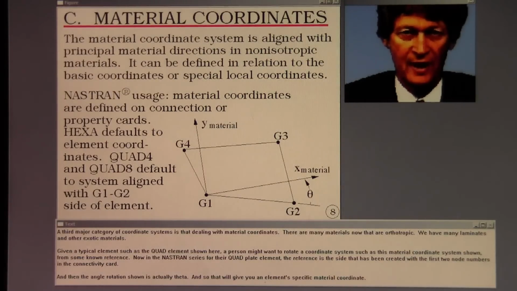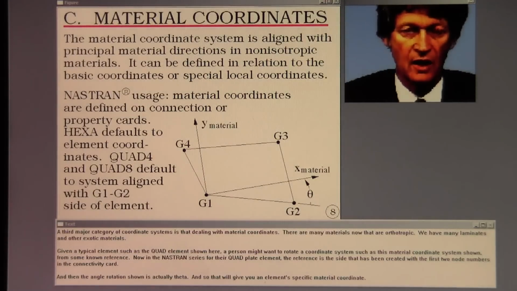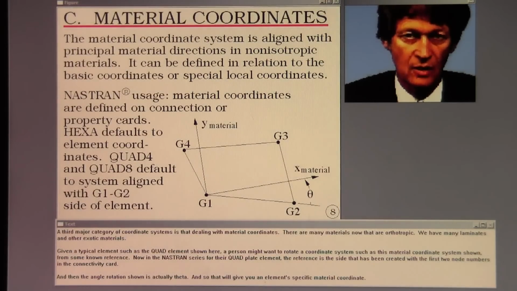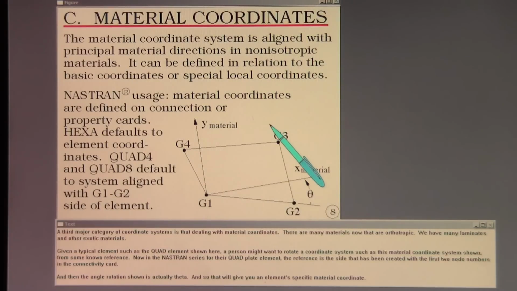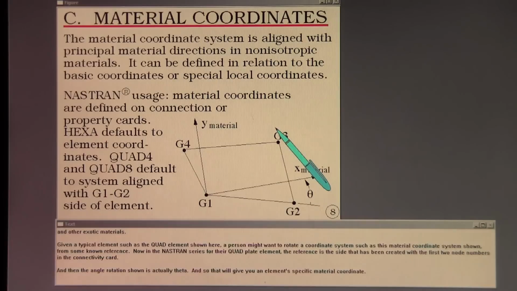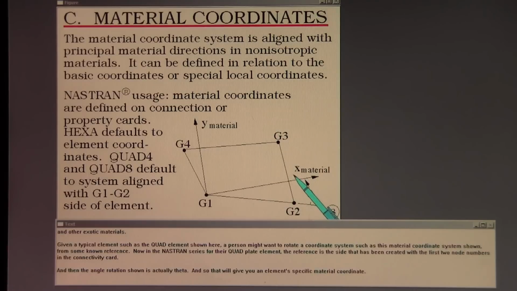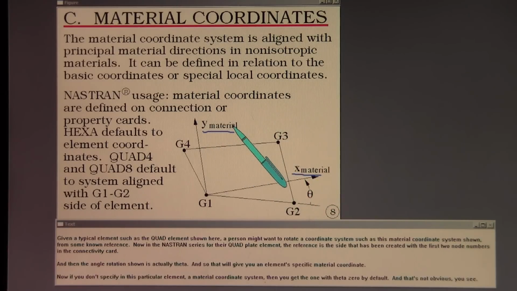A third major category of coordinate systems is that dealing with material coordinates. There are many materials now that are orthotropic. We have many laminates and other exotic materials. Given a typical element such as the quad element shown here, a person might want to rotate a coordinate system such as this material coordinate system shown from some known reference.